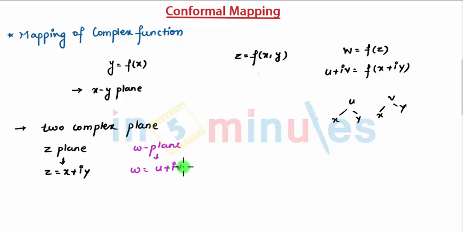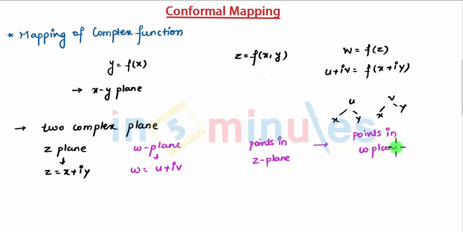When the point z describes a curve c in the z plane, the corresponding point w will describe the curve c dash in the w plane. So students, in conformal mapping, we are going to transform points in the z plane into points in the w plane.